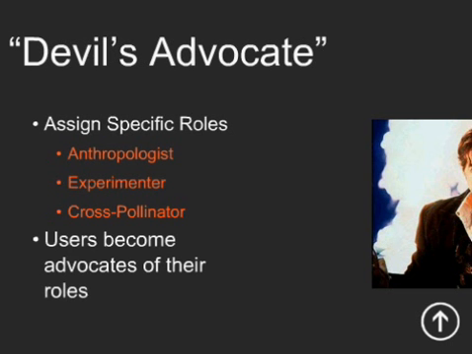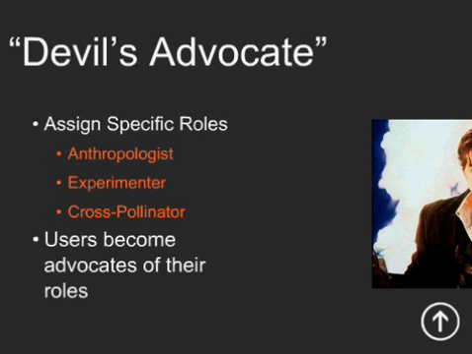One, he calls the anthropologist. This person would be in charge of observing behaviors both with users and out in the world, as it were, and reporting back to the team. The next role would be the experimenter.